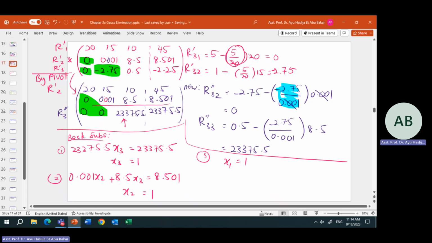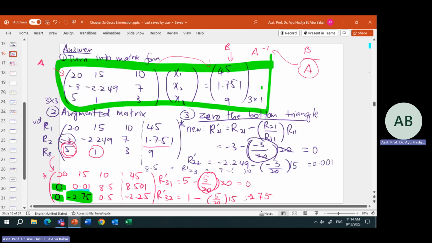Okay, how to know your answer is correct? By substituting back into the main equation, either one of the main equations, or by using a calculator. Sometimes using a calculator, you will get a syntax error. It will delay your time. So it is advisable to just substitute into the equation.